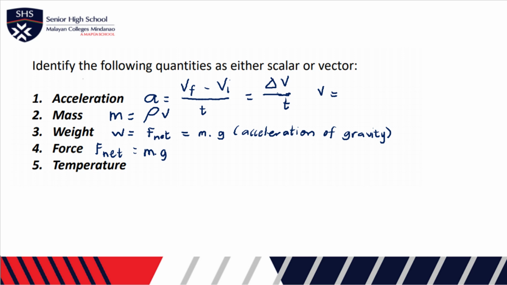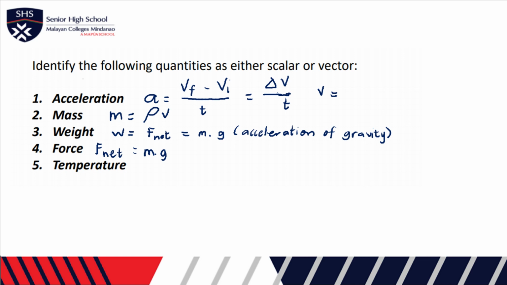For you to understand it deeply, you need to know about the units or the formula for each quantity. For number one, acceleration can be expressed as final velocity minus initial velocity divided by time, which can also be presented through these.